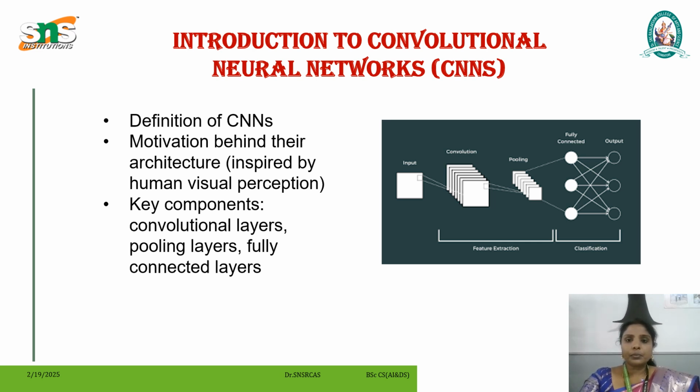The motivation behind the architecture is inspiration drawn from human visual perception, with spatial hierarchies and local patterns similar to the human visual system. The key components are convolutional layers, pooling layers, and fully connected layers.